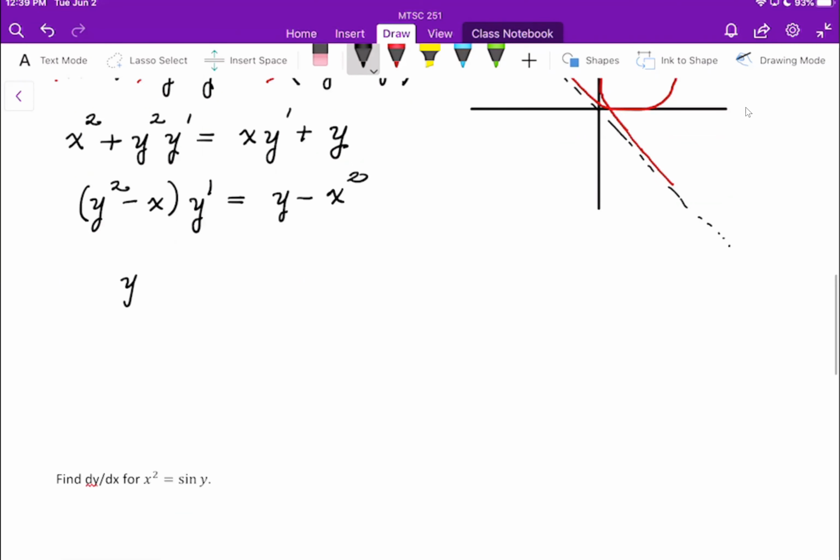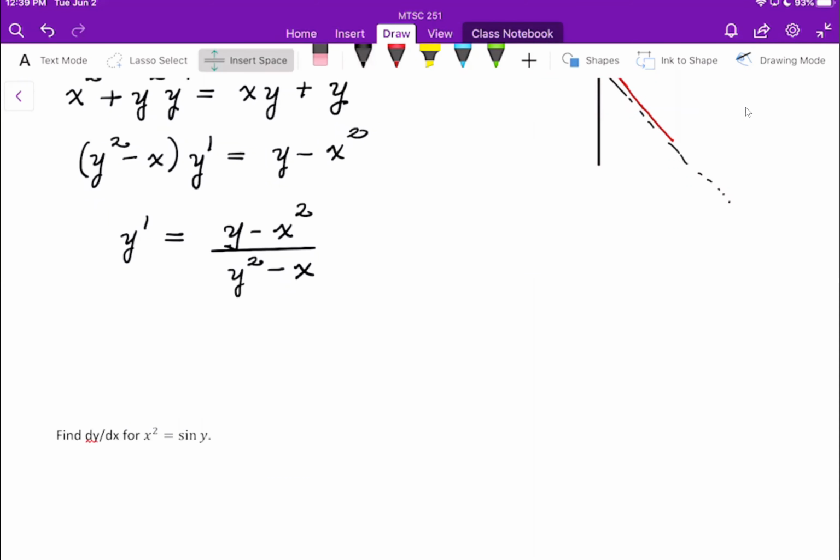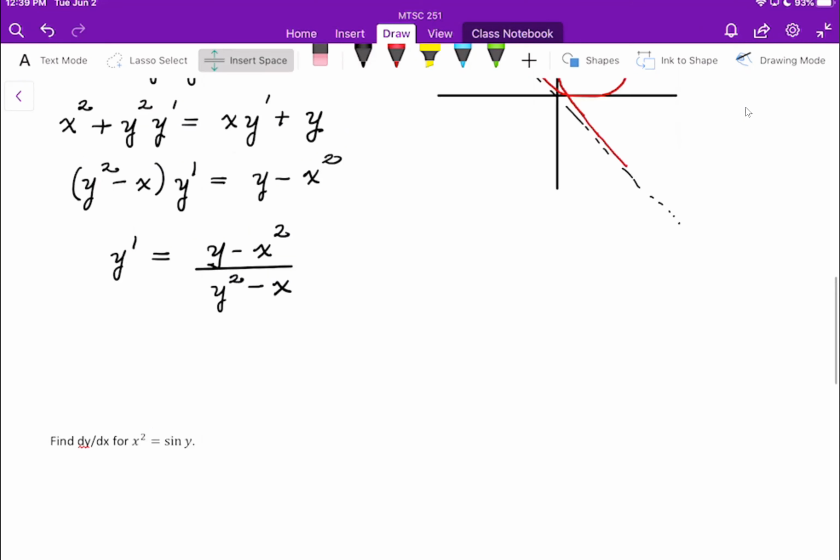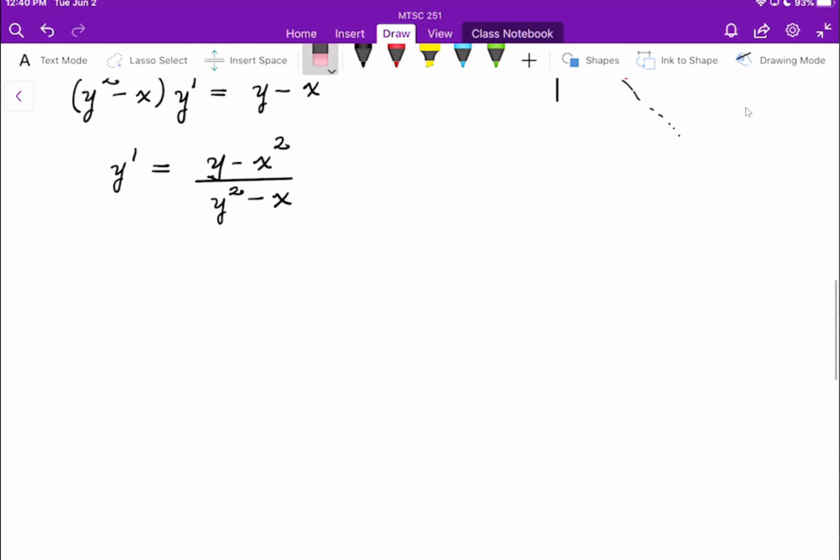So therefore y prime is y minus x squared divided by y squared minus x. So now we need to find this derivative, or the slope of the tangent line. So now we know what our function is, our slope is.